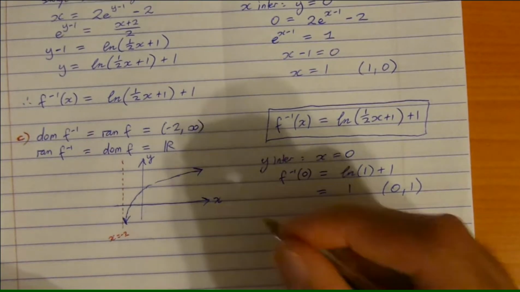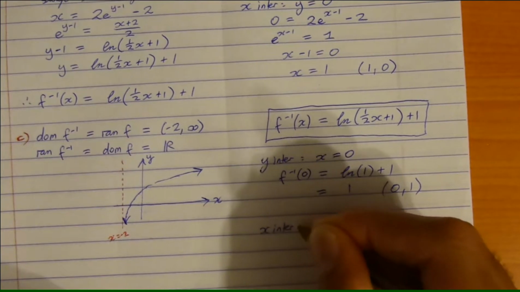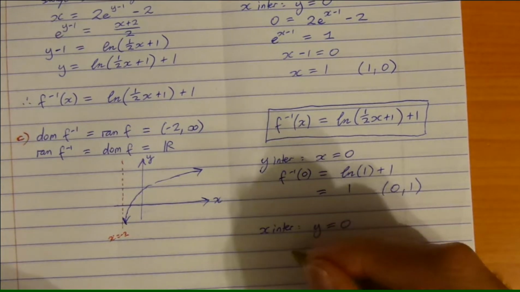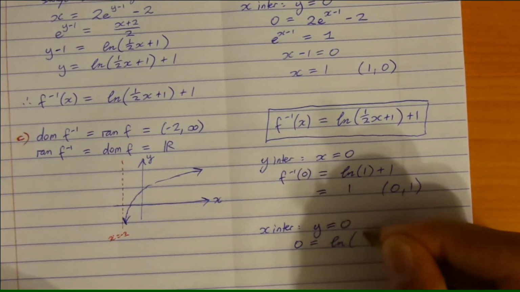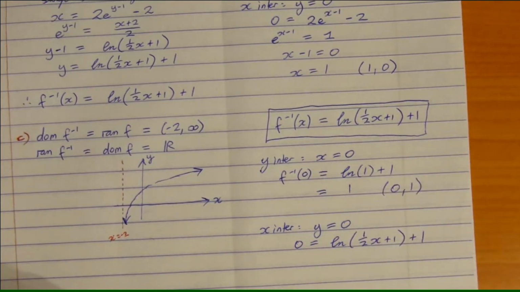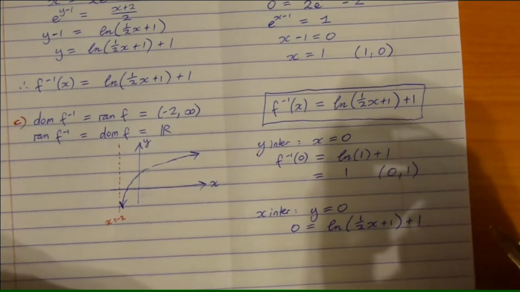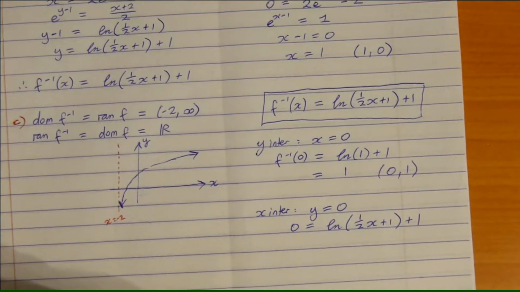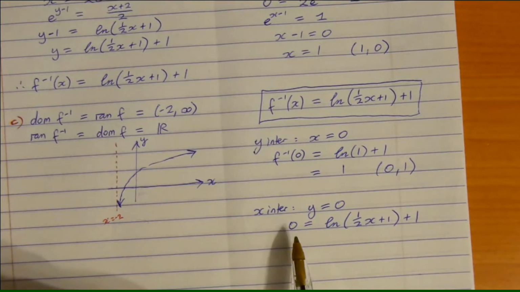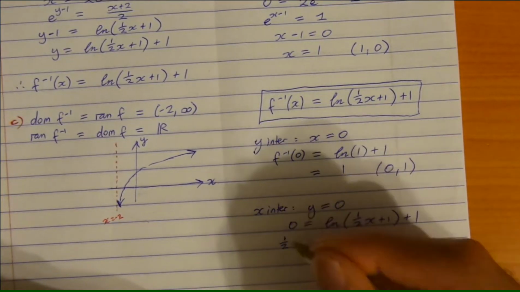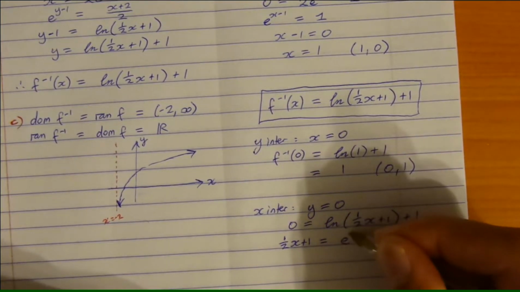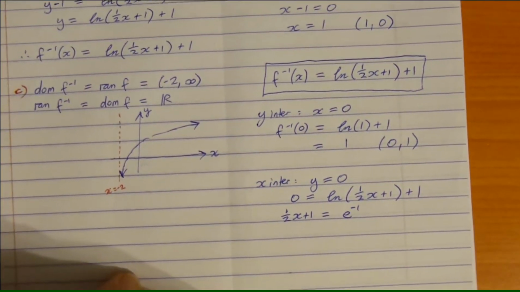And finally my x-intercept, y equals 0. So 0 equals ln of 1/2 x plus 1, plus 1. So I'm going to subtract 1 onto this side, and I'm going to reverse that log into its exponential equivalent. So 1/2 of x plus 1 is equal to e to the power of negative 1. So I've kind of combined two steps there.